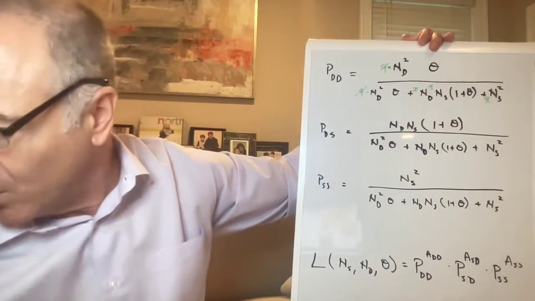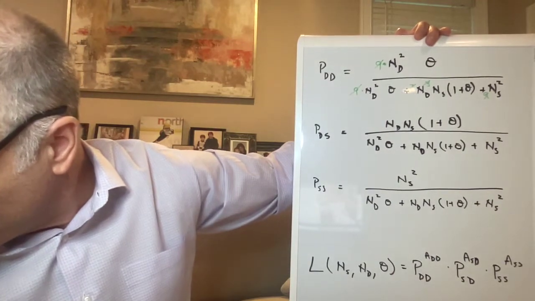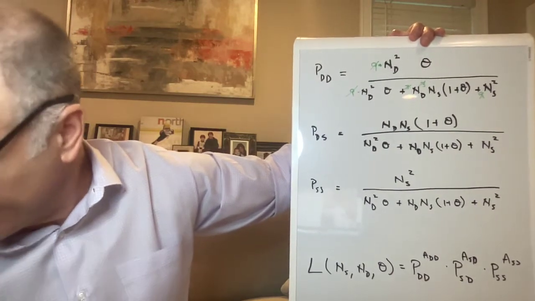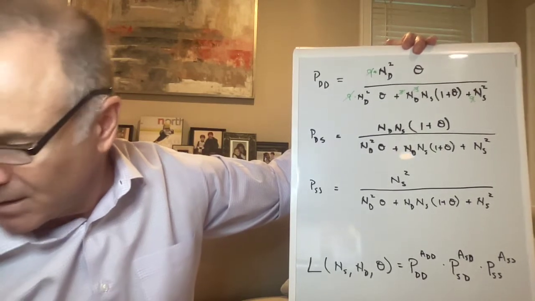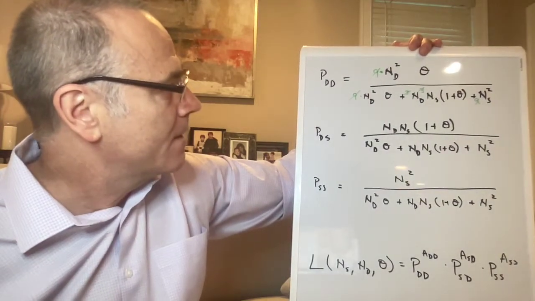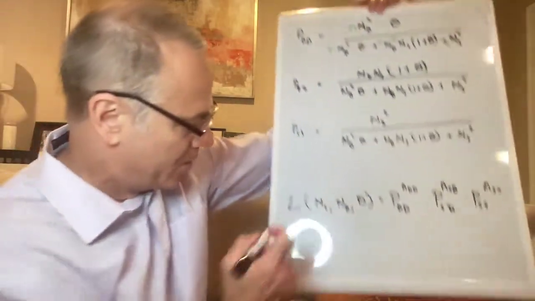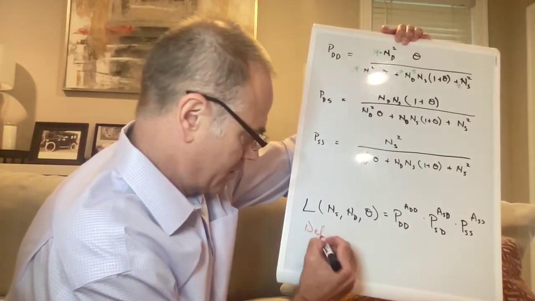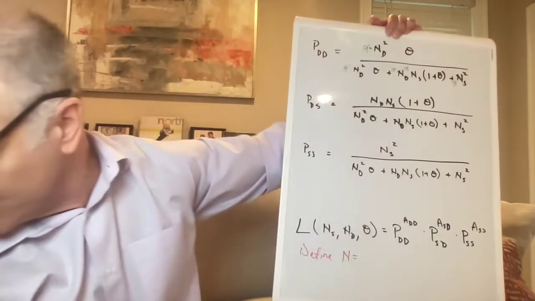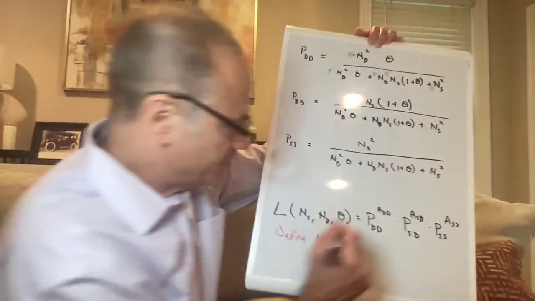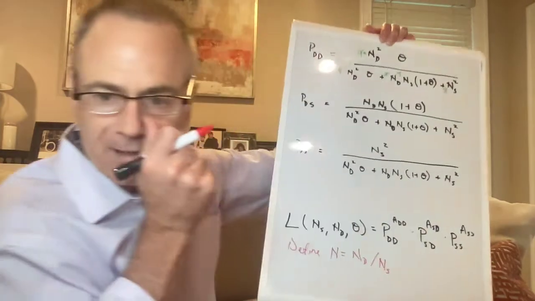And so what Levitt and Porter do, let me use red now, is define N without a subscript to equal ND divided by NS.